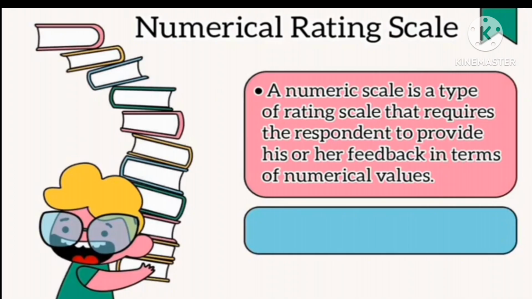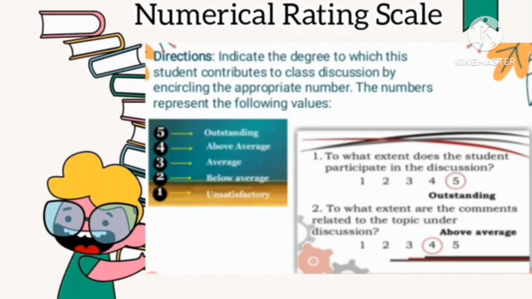So, the first one is the numerical rating scale. It is a type of rating scale that requires the respondents to provide their feedback in terms of numerical values like 1, 2, 3, 4, 5. This one you rate in a numerical value. These are the examples of numerical rating scales. As you can see in the picture, to what extent does the student participate in the discussion?